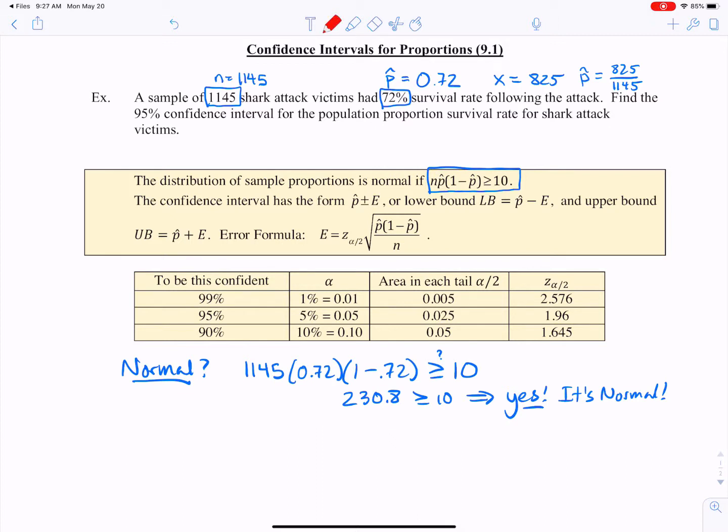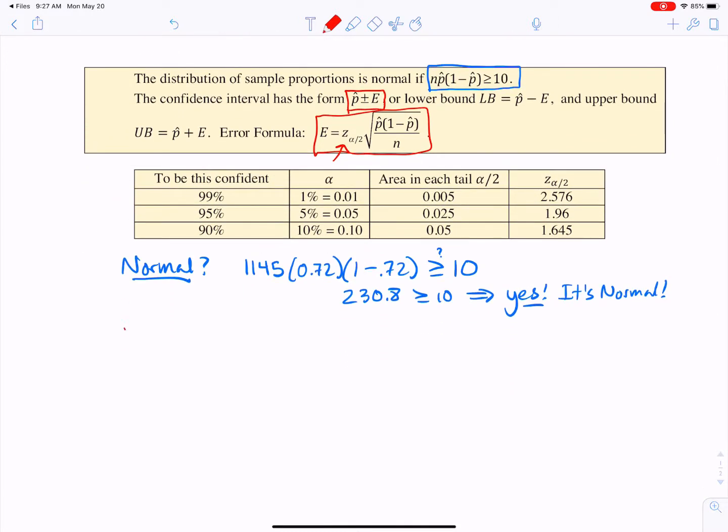In order to make a confidence interval, we need to take our p hat and add and subtract the error from it. And the error formula is right here. The error formula requires this z alpha over 2 thing, which comes from the normal distribution. And then we also have to know p hat and n, as you can see in the formula. Okay, so in this problem, it says we want to find the 95% confidence interval.